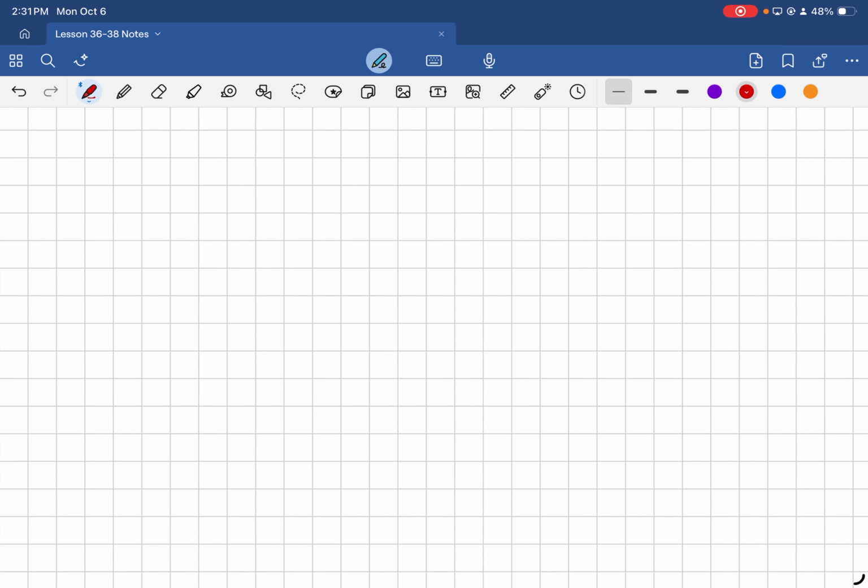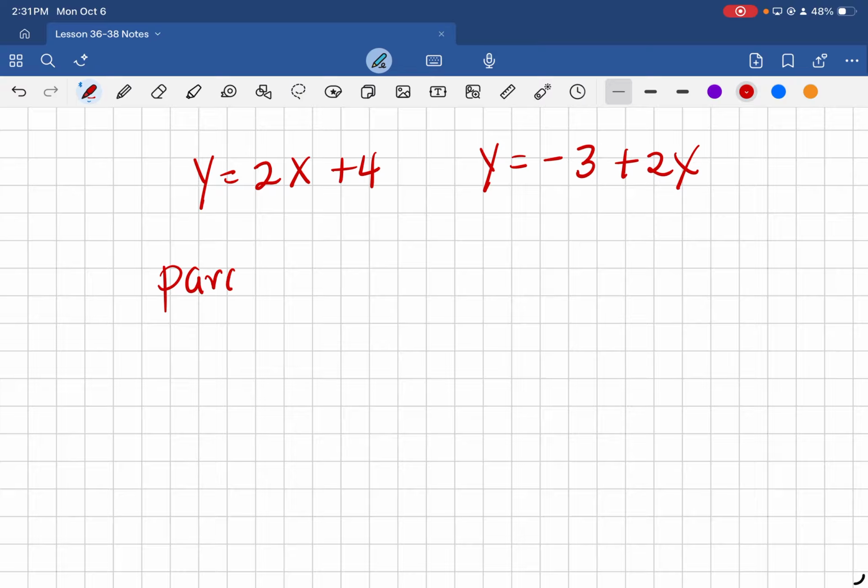I'm actually going to add a new page and do it like this because that's just confusing. Okay, the next question asks if the lines y = 2x + 4 and y = -3 + 2x are parallel, perpendicular, or neither.